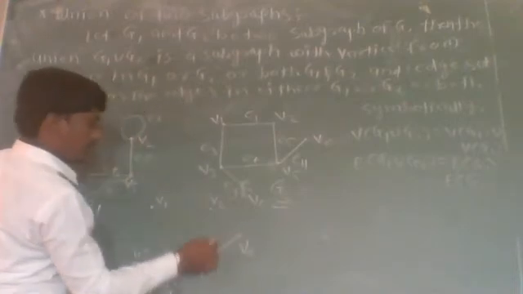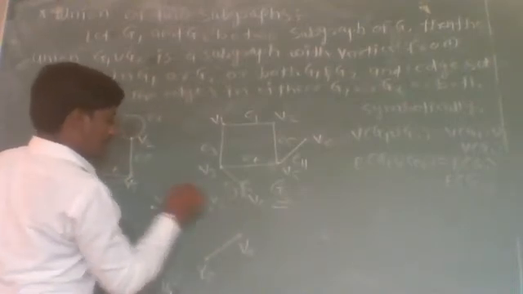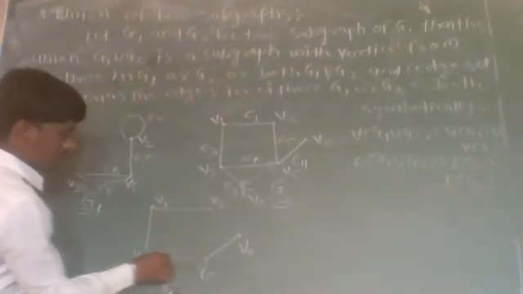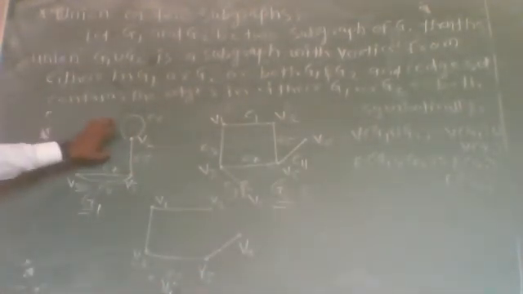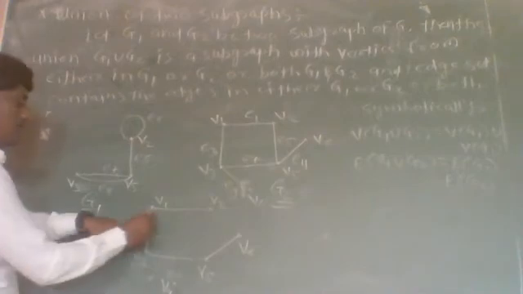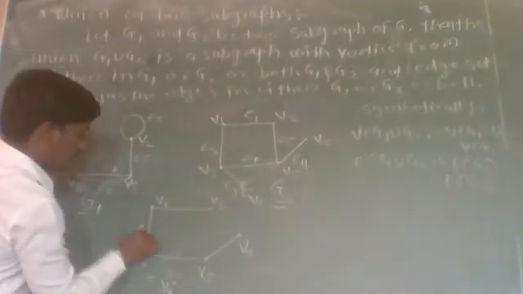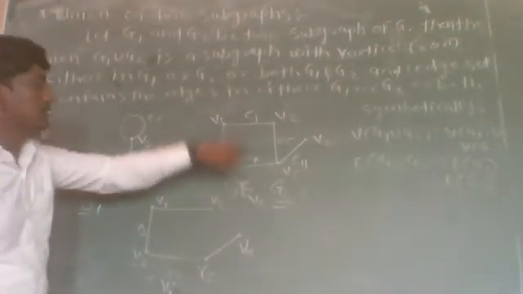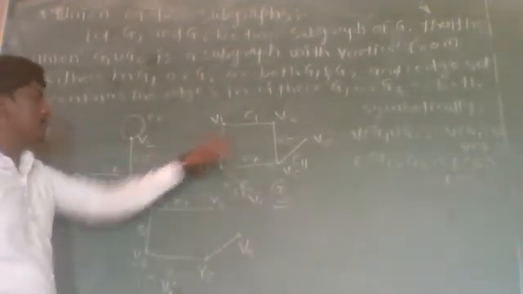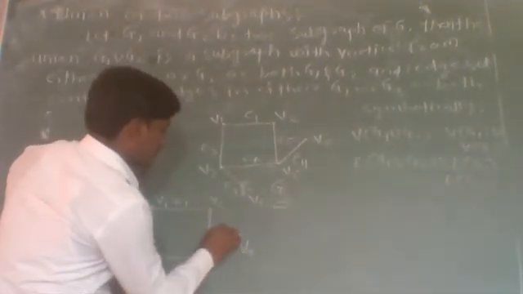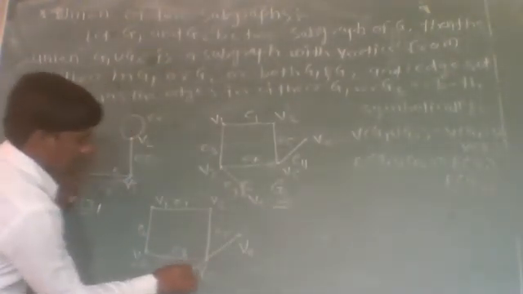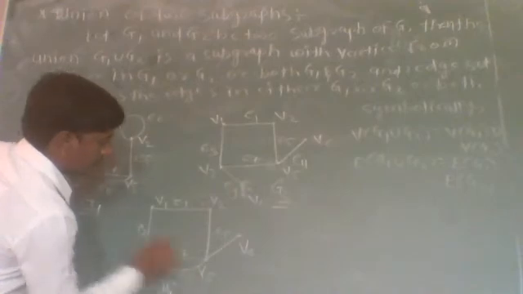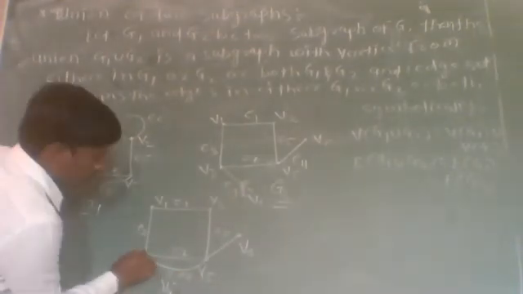Since the union contains all the vertices which are in either subgraph G1 or G2, and the edge set consists of all those edges which are either in G1, G2 or both: E3 is in G2, so we can take E3. E1 is in G2. E5 is in both the subgraphs G1 and G2. E7 is again in both. Here is E8. E9 is in G2.